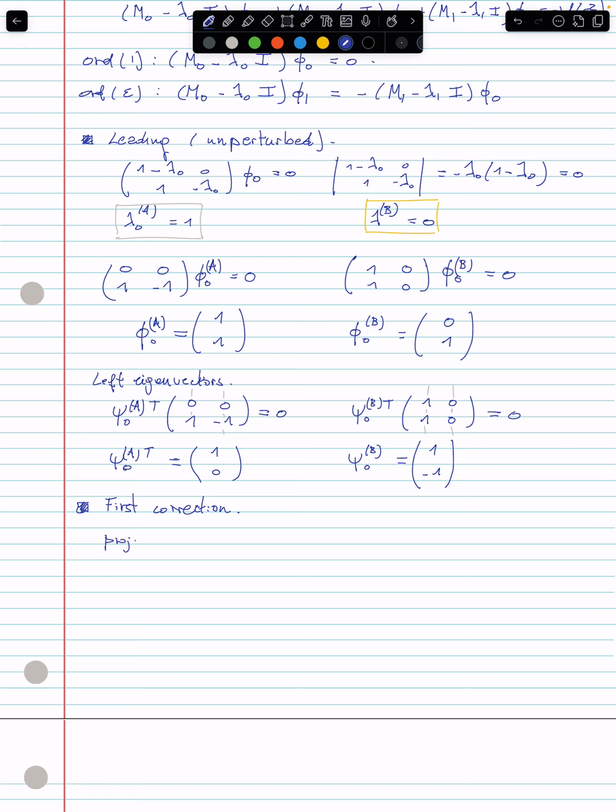So projection on the left eigenvectors provides 0 on the left-hand side is equal to minus psi 0 transposed, which can be either A or B. What I'm writing here is valid no matter whether you're looking at the root A or root B, times M1 phi 0 plus lambda 1 times psi 0 transposed times identity matrix here.